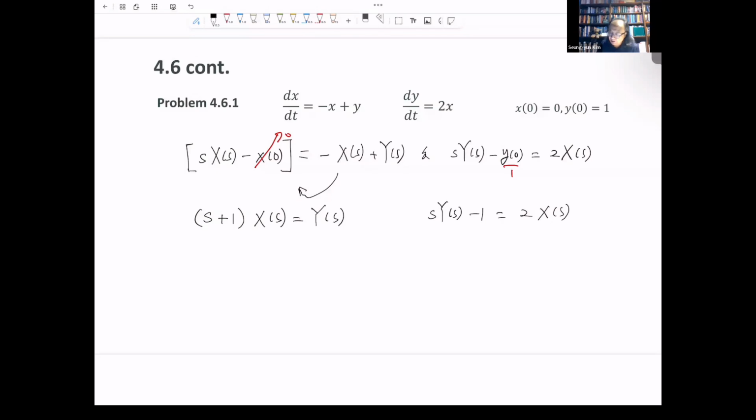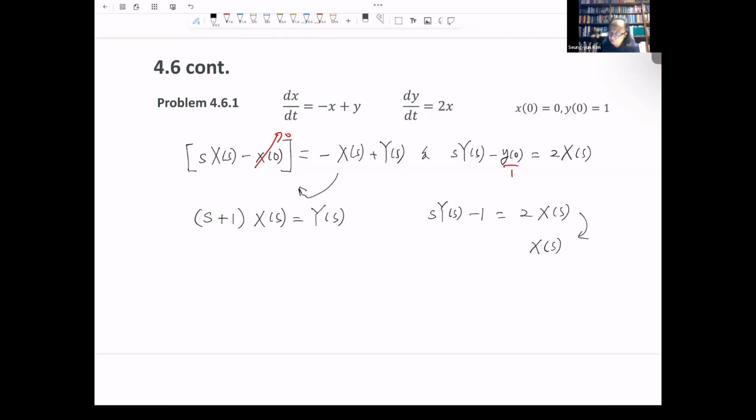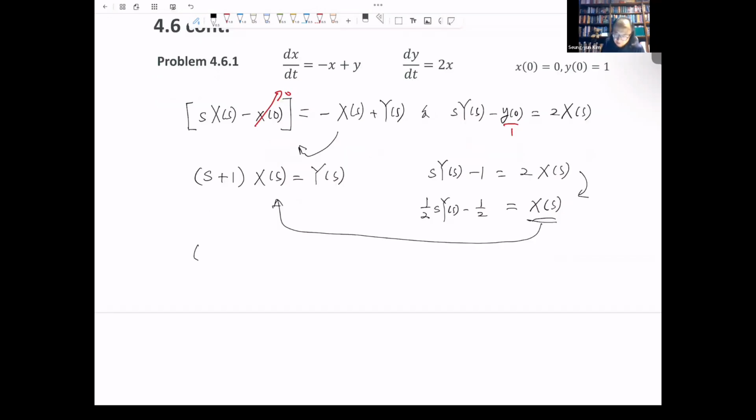If we divide both sides by 2 for the second equation, we have X of s equals 1 over 2 s Y of s minus 1 over 2. And we can substitute this X of s into here. We have s plus 1 times 1 over 2 s Y of s minus 1 over 2 equals Y of s.